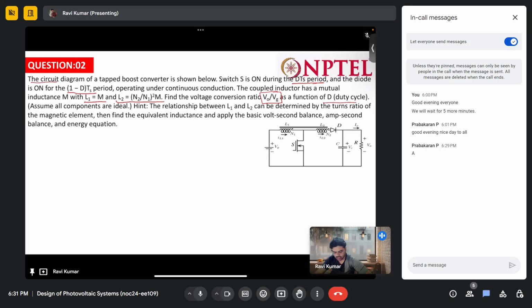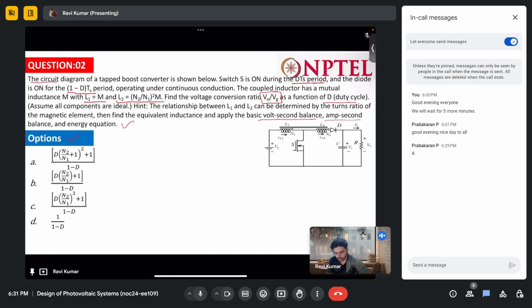Here the hint is that the relationship between L1 and L2 can be determined by the turn ratio of the magnetic element. Then find the equivalent inductance and apply the basic volt-second balance, amp-second balance and energy equations. And these are the options. You need to calculate this V naught by Vg.